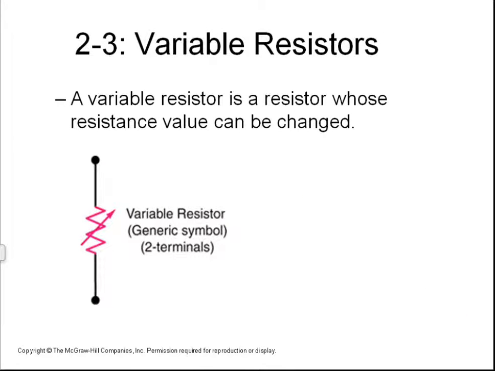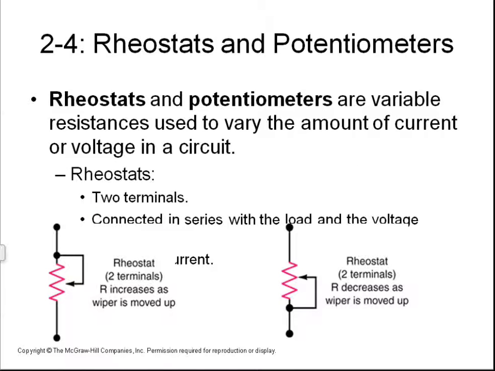Variable resistors. Now you've seen the symbol, that being your normal standard fixed resistor. Well, a variable resistor will have an arrow through it, indicating you can change the position, which will change the resistance between this terminal and one of these two terminals. So a rheostat has got two terminals.